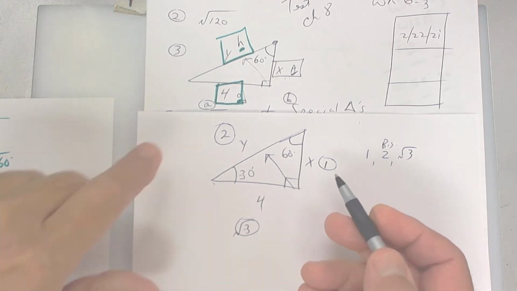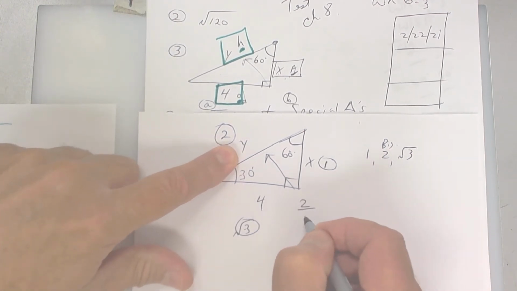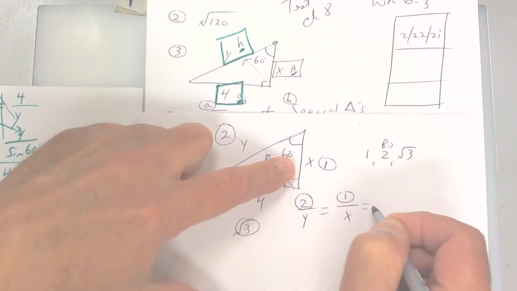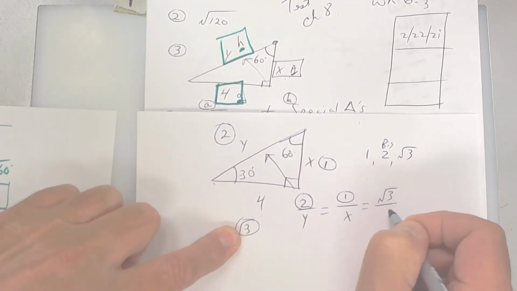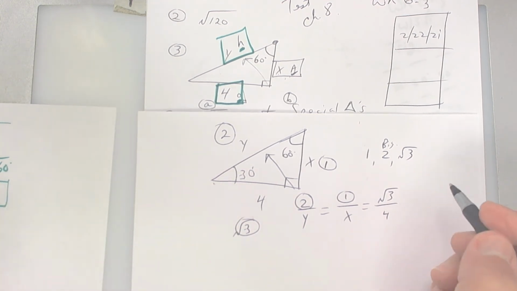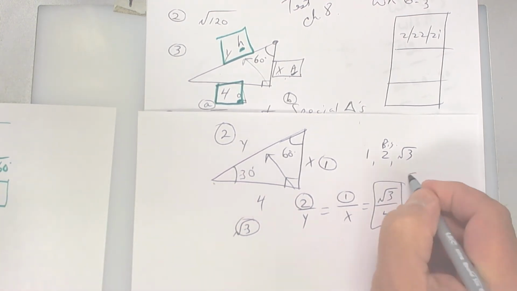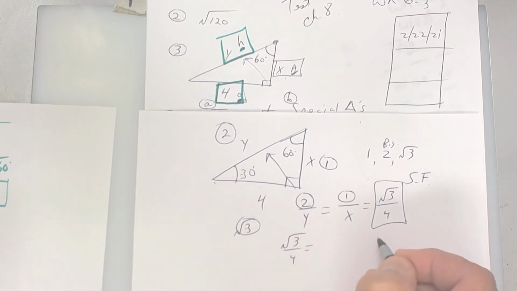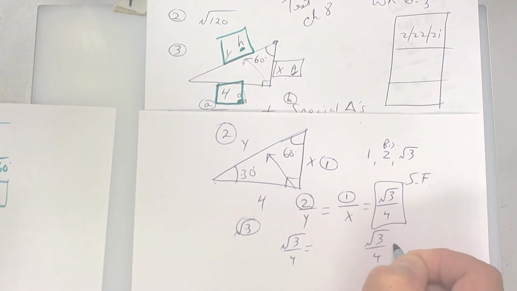Now we're ready. You're going to put 2 over y. Remember, put the bubbles at the top, 1 over x, and put your bubbles at the top, square root of 3 over 4. Now, you know both of these, so that's your scale factor. So you're going to use that twice. So square root of 3 over 4 once, and then square root of 3 over 4 twice.